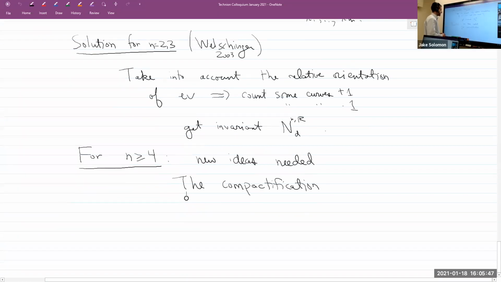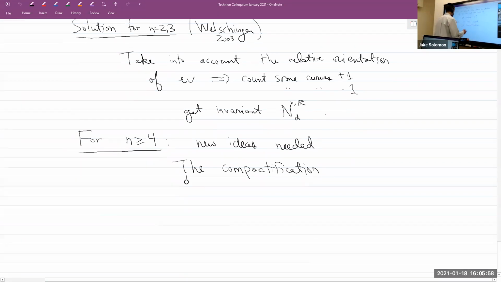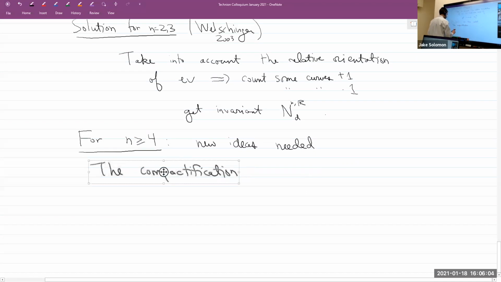So this is not, you know, incredibly surprising, but it should be surprising, okay? Because I've sort of swept under the rug that something really, really hard had to happen in dimensions 2 and 3 for that to work. I mean, because when you define the degree of a map of smooth manifolds, those manifolds have to be closed and they have to be oriented.